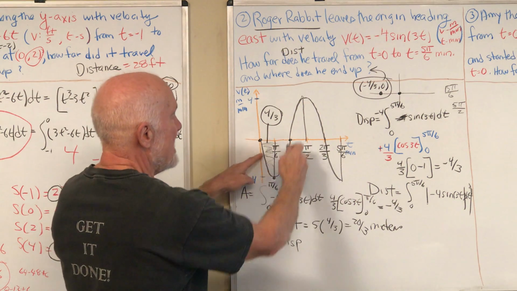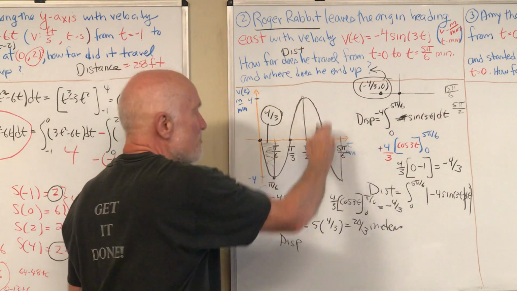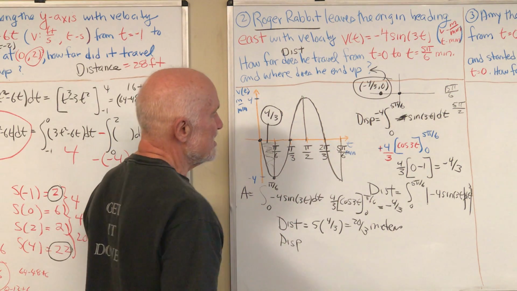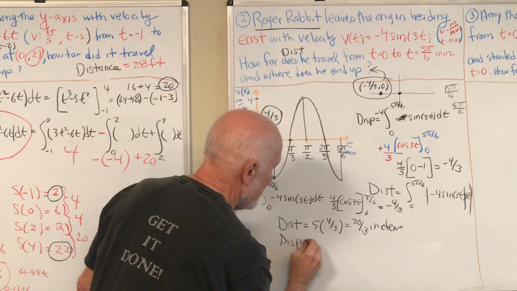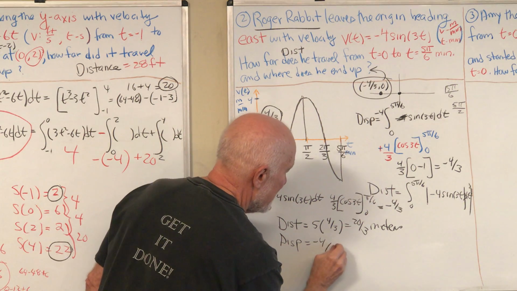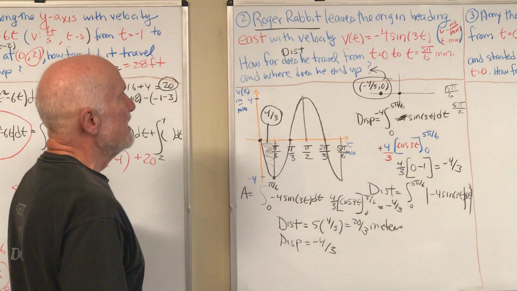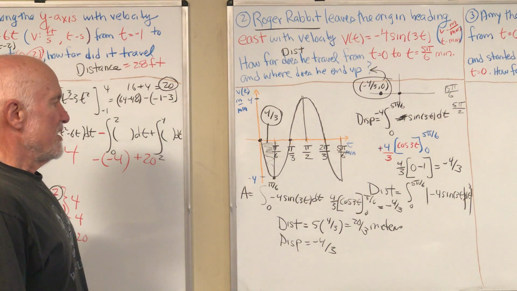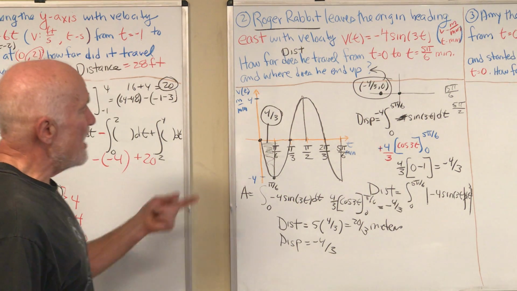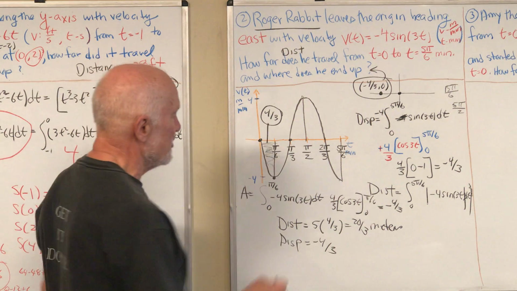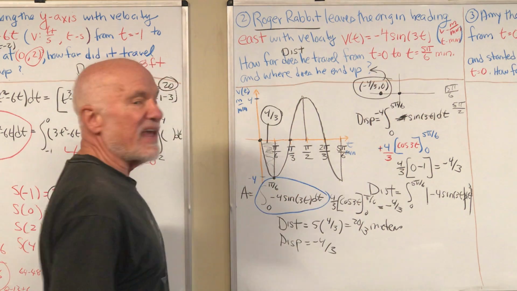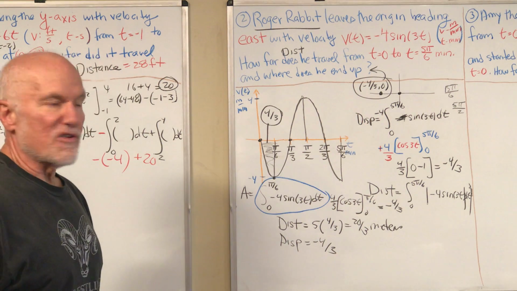This is the same amount of negative area as this is positive. So all I'd have to do is see the displacement is this negative 4/3, and then I could find out that it ended up at negative 4/3, 0. So I'm just hoping you can see, if you have a little bit of knowledge of functions, the only integral you'd have to take is this, and you'd be able to answer both questions.